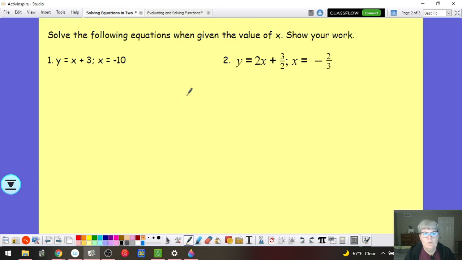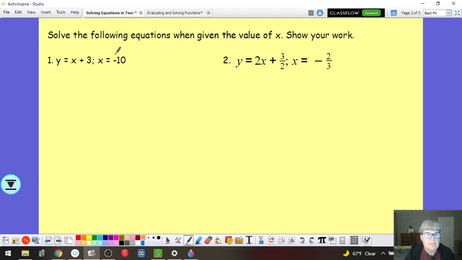Solve the following equations when given the value of x. Show your work. And in your assignment as well, we want you to show your work. We do not want this to be a process of guess and check. So in our first situation, we have y equals x plus 3, and we're given that x equals negative 10.